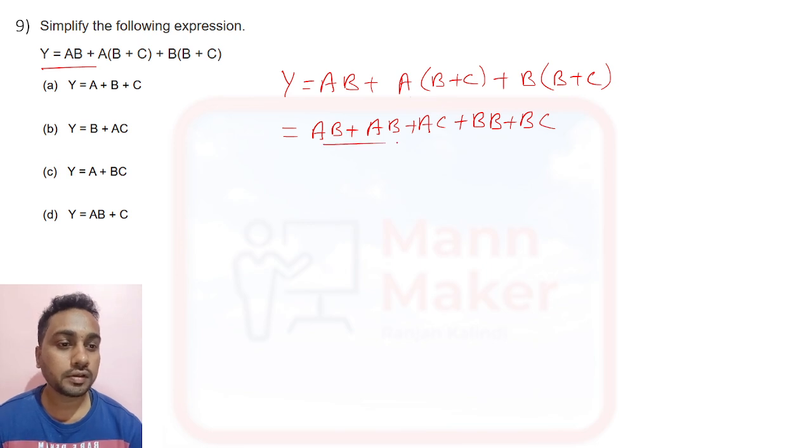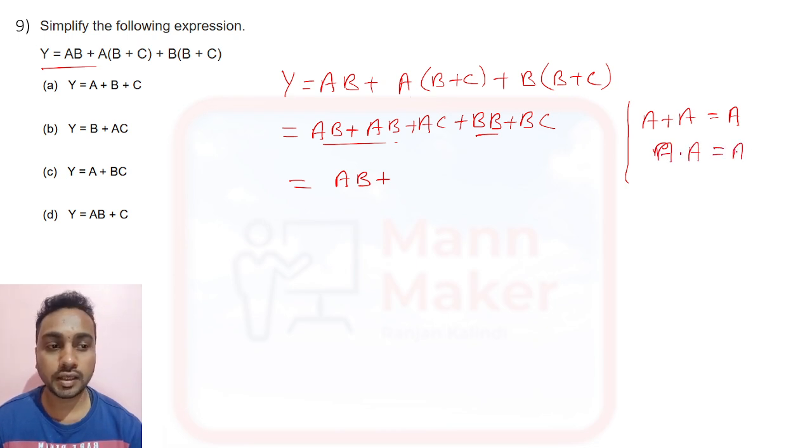Now generally A plus A is A, so we can write AB plus AB as AB. A dot A is A, and B dot B is only B.